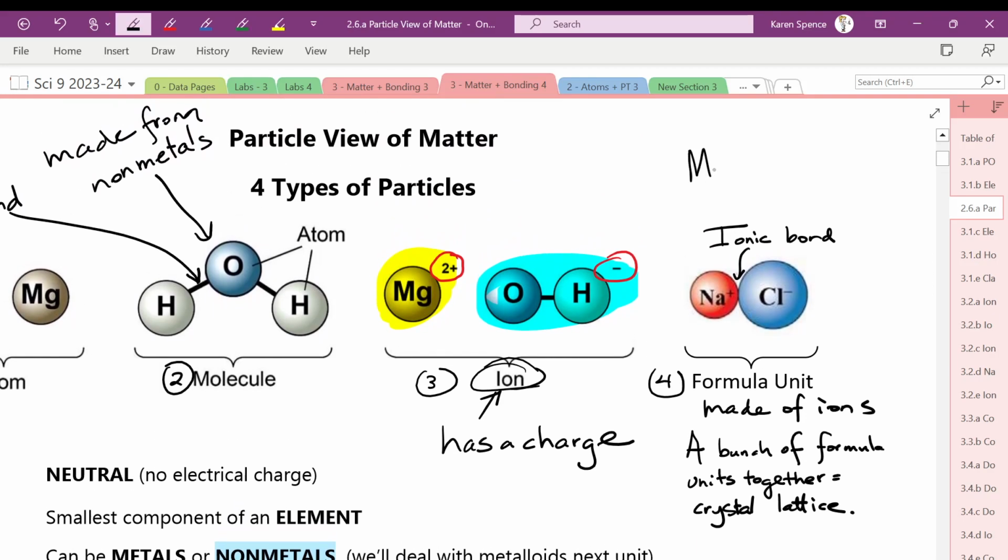So a formula unit is made from a metal and a non-metal.